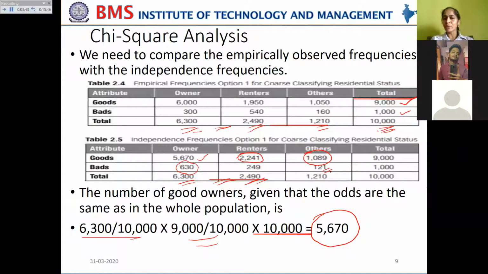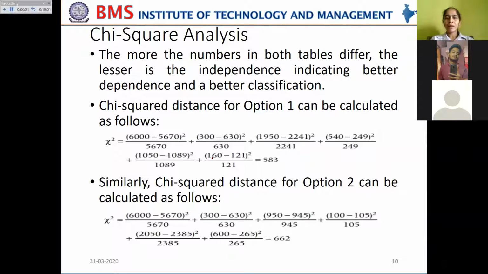Now how to perform this chi-squared analysis? It is the difference between the empirical observation and the independence frequency, whole squared, divided by the independence frequency.